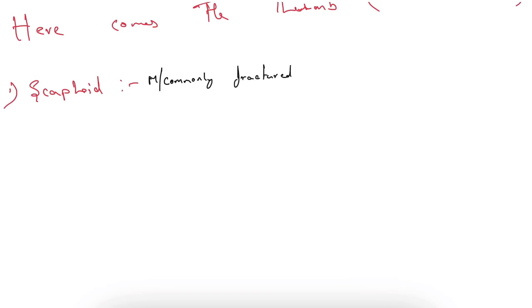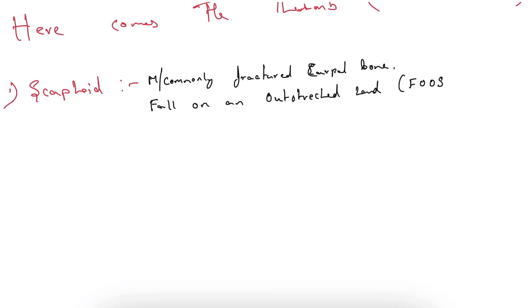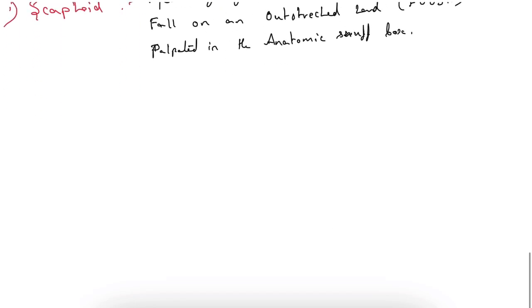This fracture happens because of a fall on an outstretched hand, and you can palpate it in the anatomical snuffbox. So these are the main things for the scaphoid bone.